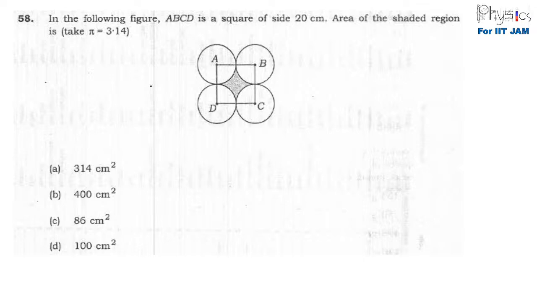So here is our next question. Here a figure is given and there are 4 circles upon which a square is drawn. ABCD is a square of side 20 centimeter, and we have to find the area of the shaded region, that is this region.